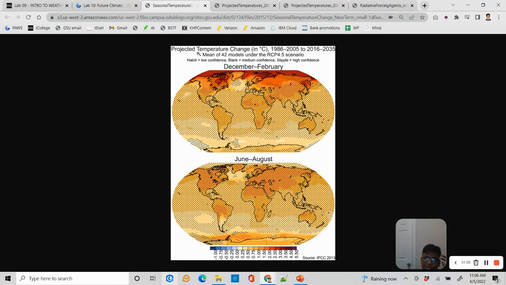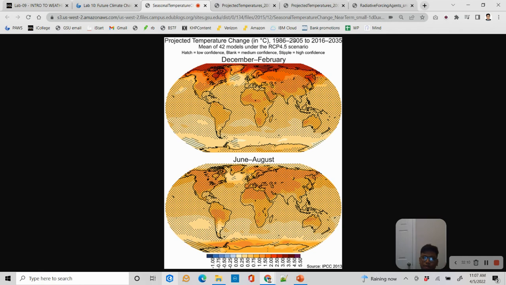There is a description: projected temperature change in degrees Celsius, 1986-2005 to 2016-2035. So this is a comparison of the time zone 1986 to 2005 with 2016 to 2035.